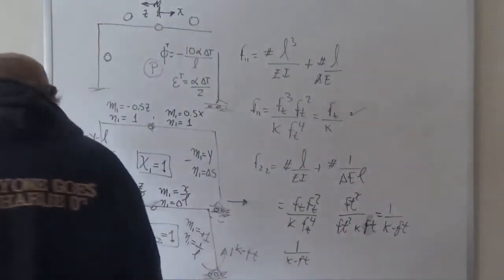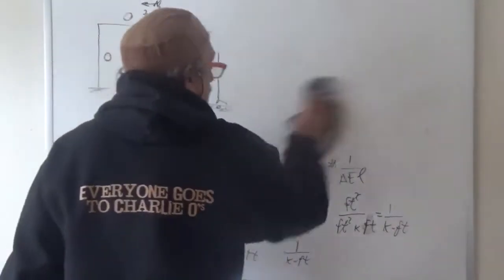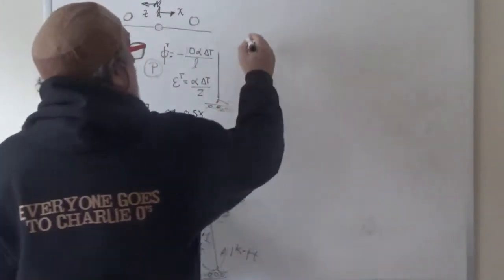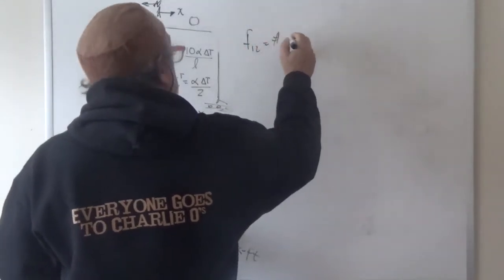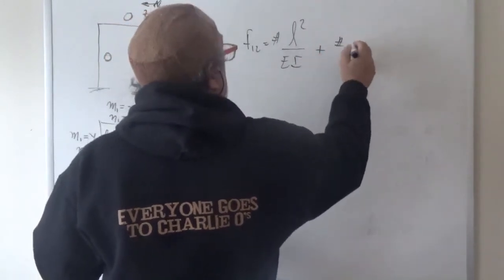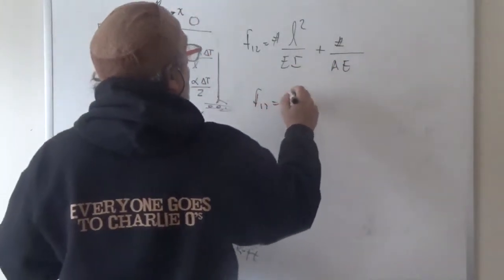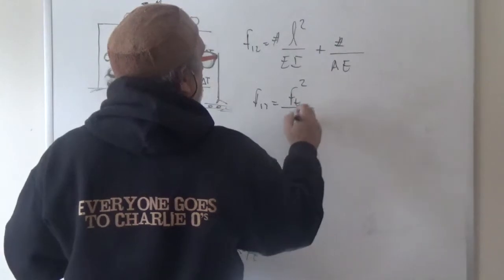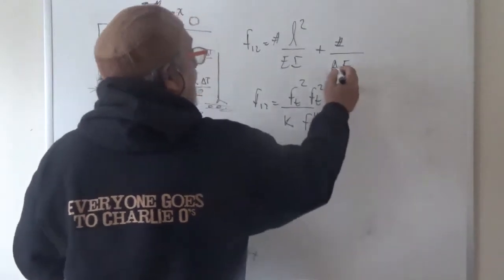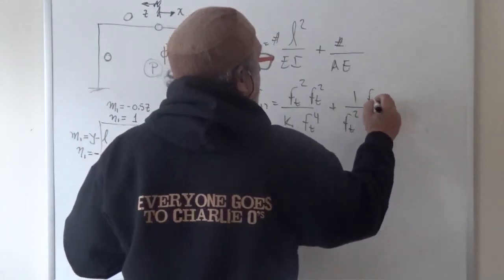And therefore, we have so far confirmed the units of everybody except F12. So now we go with F12, and we see that F12 is some number L squared over EI plus some number over AE. So we have for F12 feet squared divided by kip per square foot times feet to the fourth, or here 1 divided by area, which is feet squared times kips per feet squared.